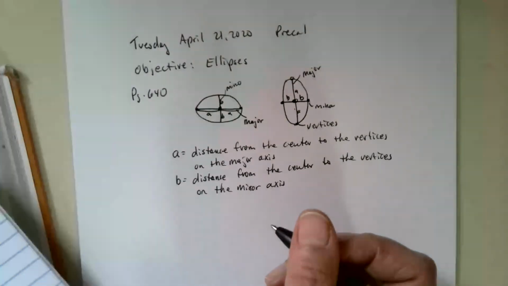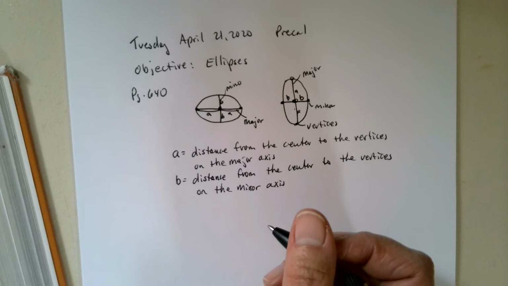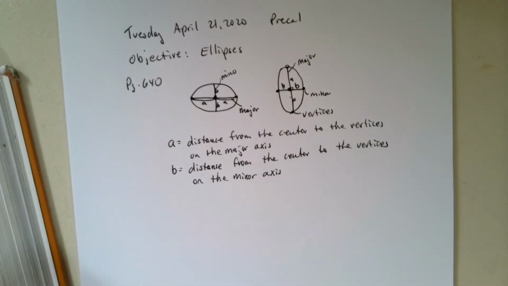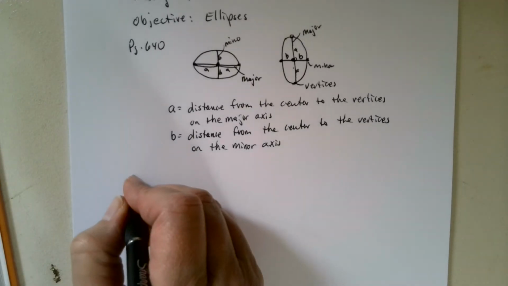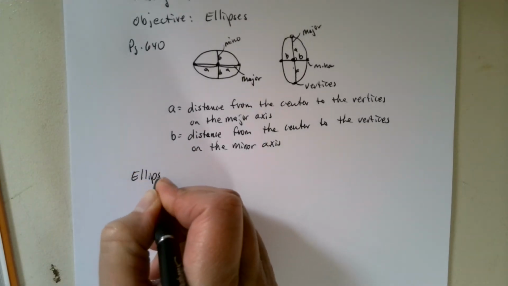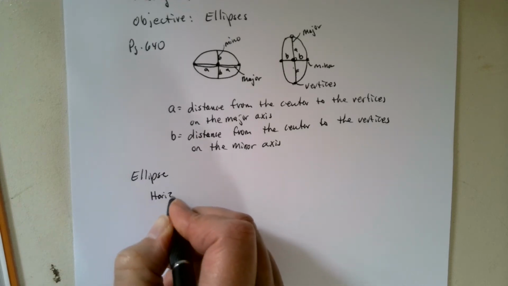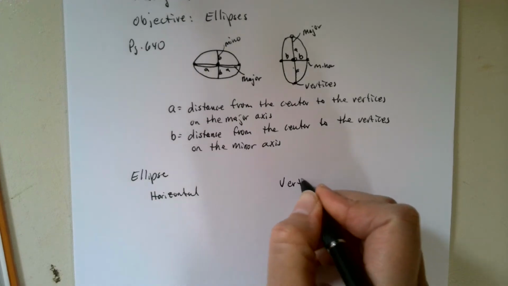So if you look on page 641, you'll see a big blue box, and it gives you two different equations. When you're with a circle, we had one standard form of an equation. With an ellipse, we have two versions. We have the horizontal version, and we have the vertical version.